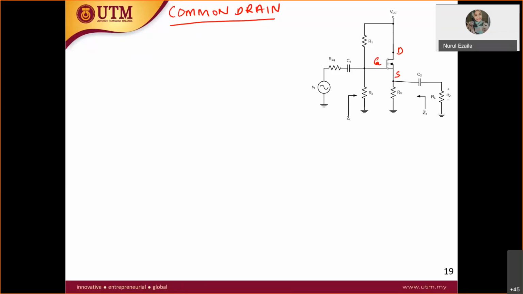First thing, the DC voltage is grounded. So this is ground. Only one DC voltage, and all capacitors are short circuit. So C1 will be short circuit and C2 will be short circuit, and what else? Nothing, only two capacitors. C1 and C2 are short circuit. So now let's draw the AC equivalent circuit.